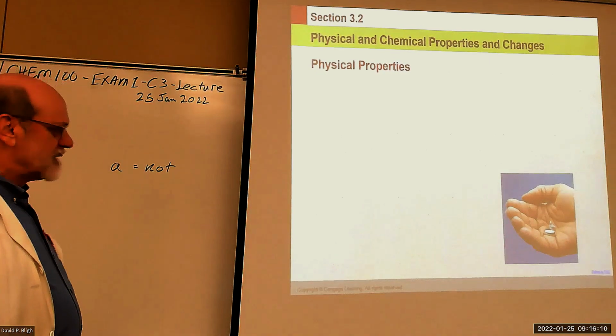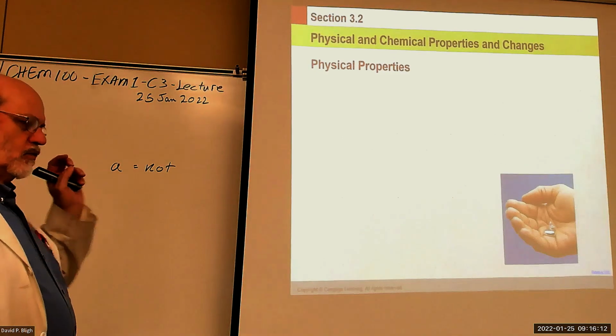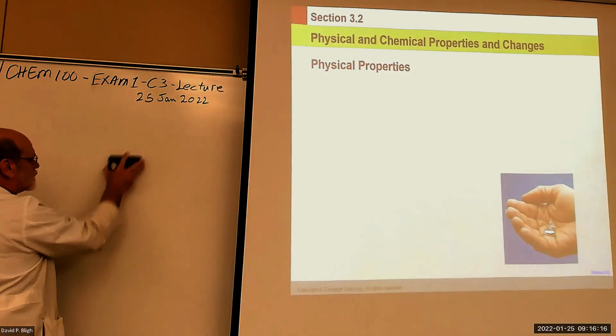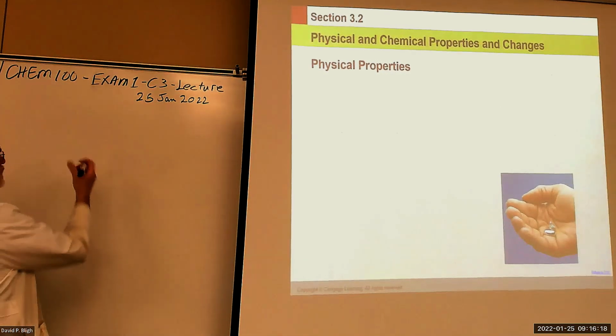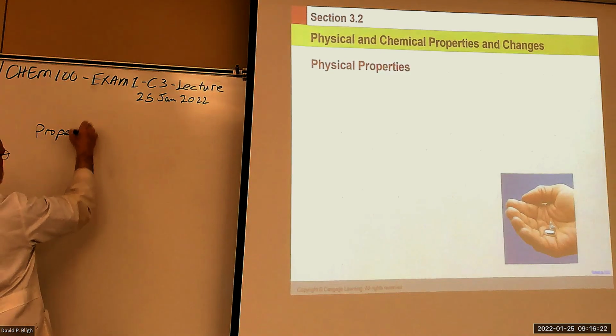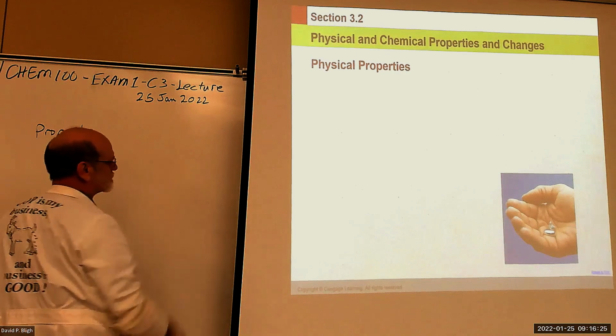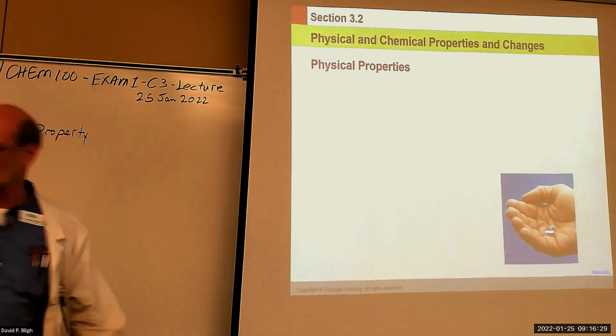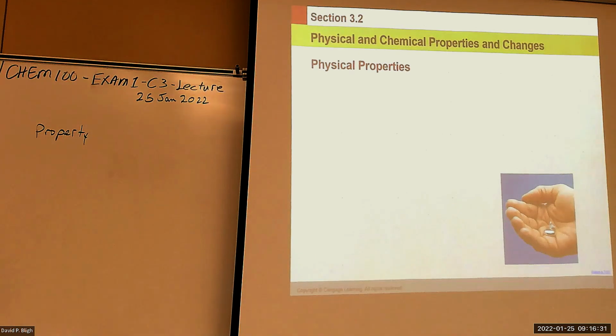Okay, so we're going to draw a distinction between two terms here. One is property, and the other is, let's see, my mind's gone blank. That was when you get old.